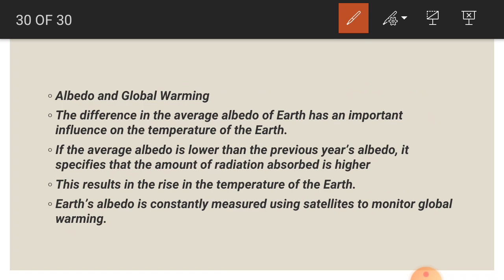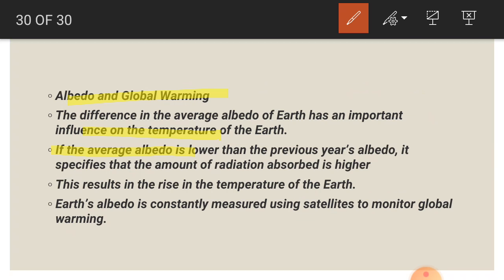Albedo and global warming. The difference in the average albedo of the earth has an important influence on the temperature of the earth. This is a climatological phenomenon, and it has its bearing on the temperature of the earth. If the average albedo is lower than the previous year's albedo, it specifies that the amount of radiation absorbed is higher.